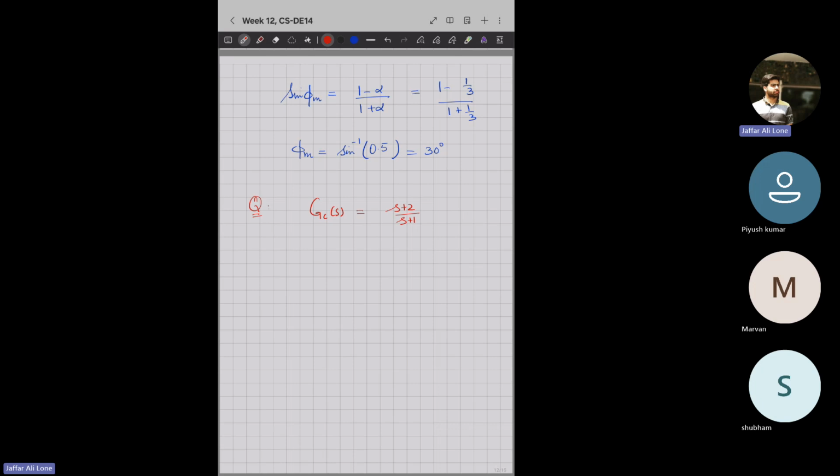We have to find the maximum phase shift provided by this compensator. You have to first identify which type of compensator it is, and then accordingly use the formula.